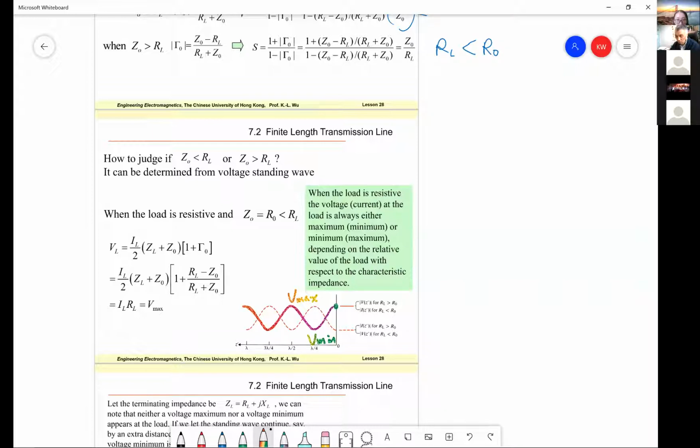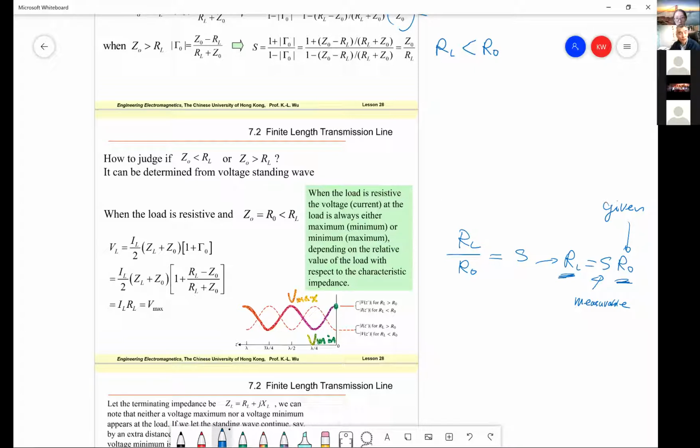How do we find the load? The load divided by the characteristic impedance is the standing wave ratio, so the load value is measurable.